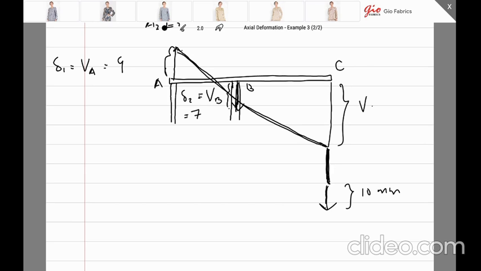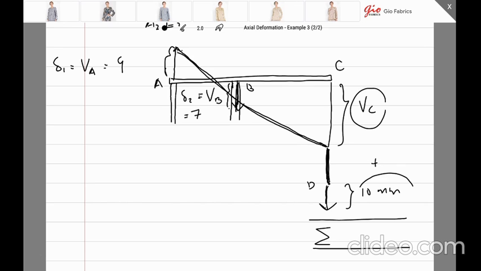This is VC, displacement at point C, or deflection at point C. So that we can sum up VC here to get the total deflection at point D. So this is what we now find, the total deflection at point D. So we have to add VC and also 10 mm.